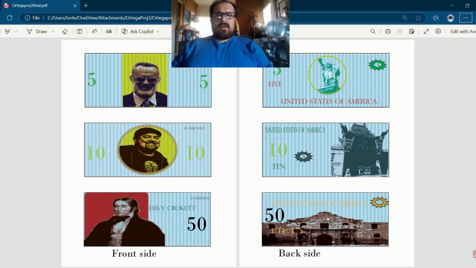In this case, we'll be starting off with the $5 bills. As you can see, the $5 bill here has Tom Hanks representing the five, being shown as a person who is happy, caring, and respecting the people around him.